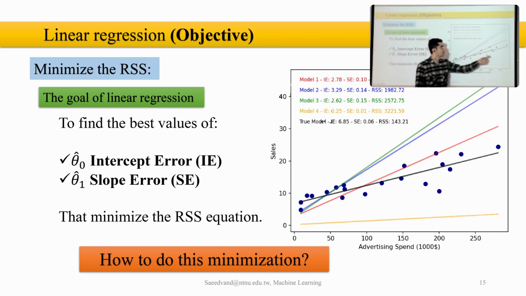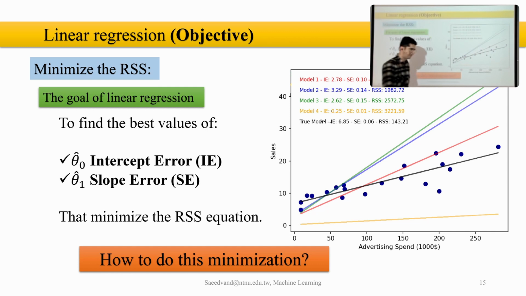The black line over here is the best fit for the data that I have, right? The others are kind of random, or they are trained with only a small portion of the data set, which leads us to wrong results. We will discuss it also. So which one is the minimum in terms of RSS? It is the black one over there. The other ones are all getting bigger.